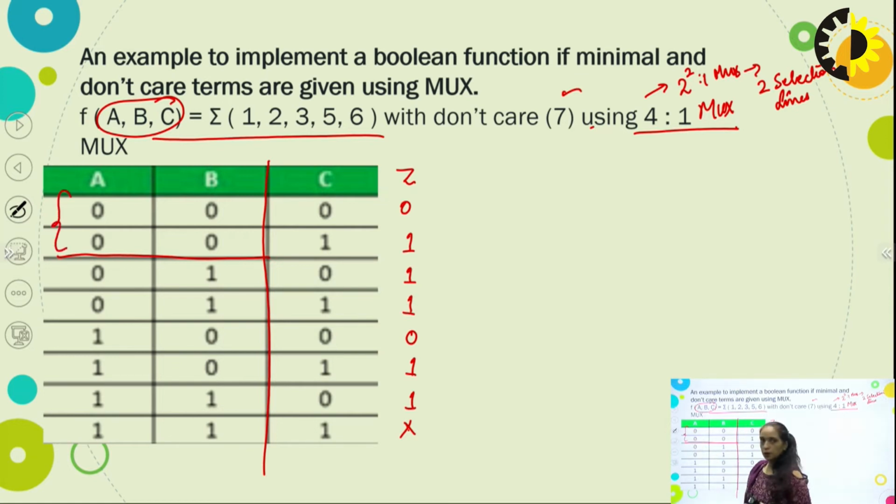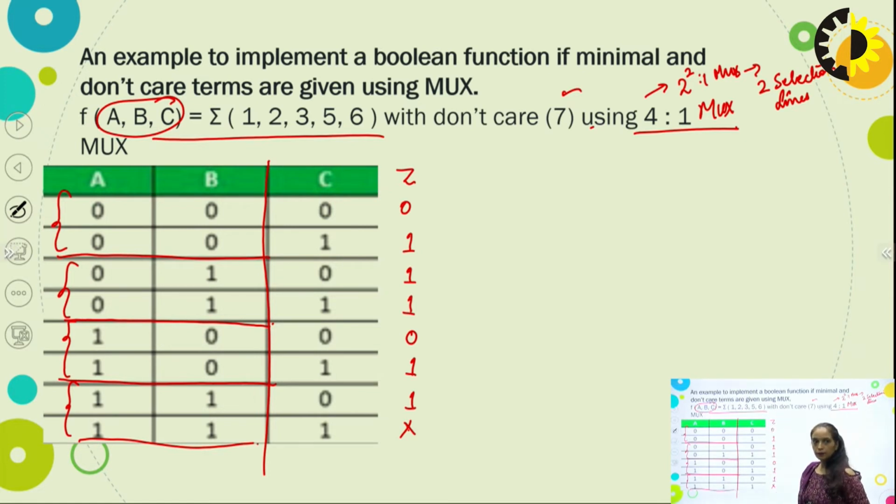AB is either 0 0, then 0 1, then 1 0, and then 1 1, right? So we have all four combinations. Now we are left with the variable C only. These two are my selection lines, and this C will behave as an input variable.